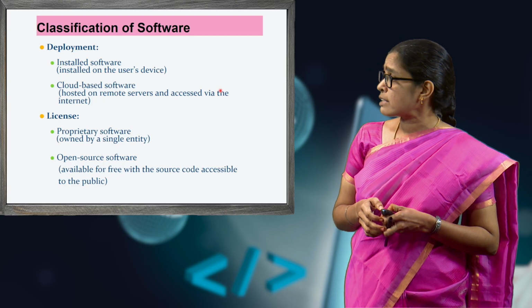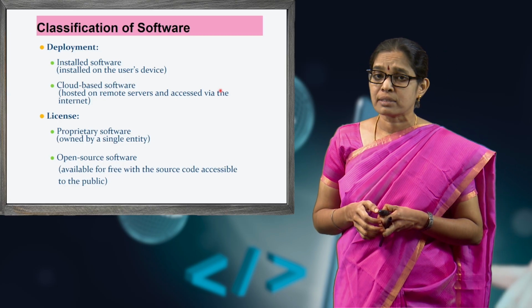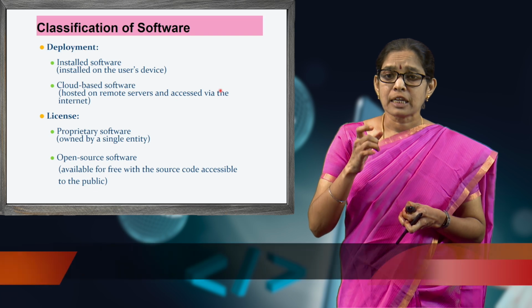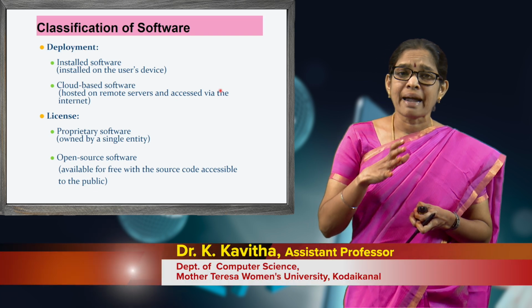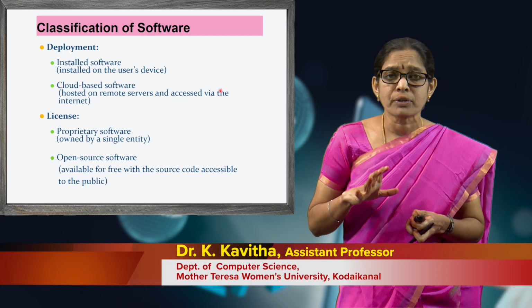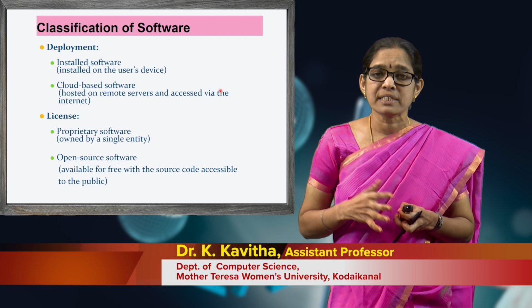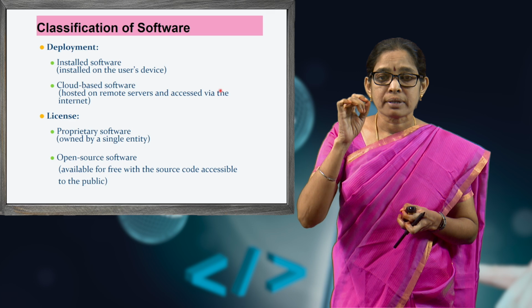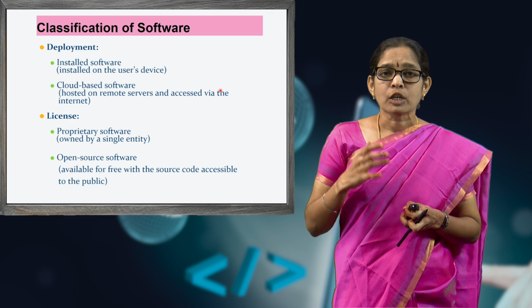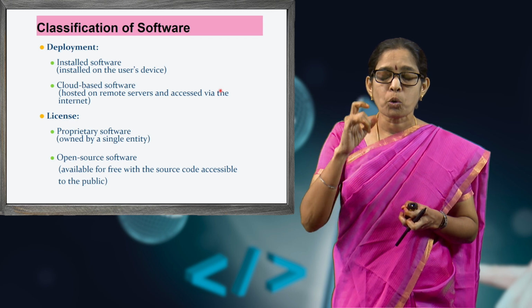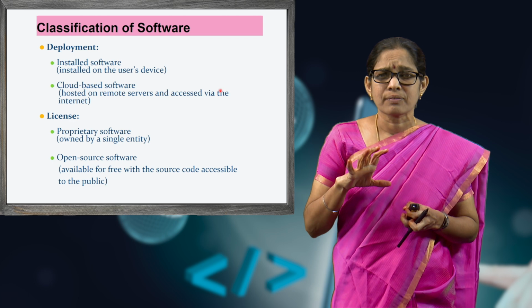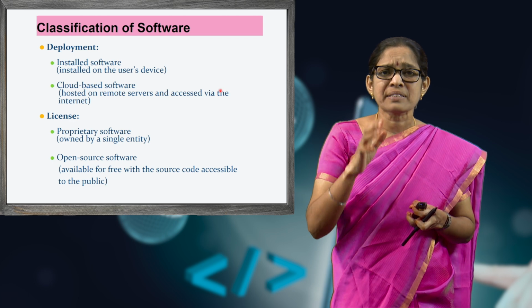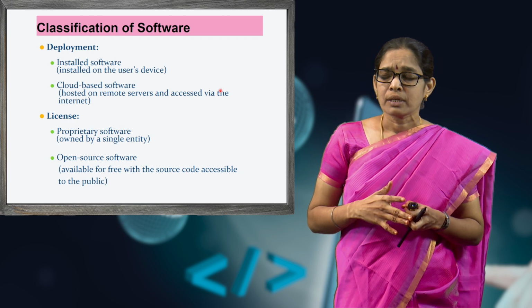Then the next terminology is deployment. The software can be either installed software or cloud-based software. Installed software is held in the user's device. Cloud-based software means it is hosted on remote servers that can be accessed through the internet.